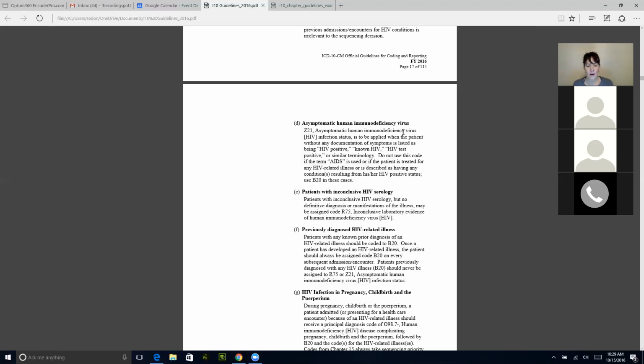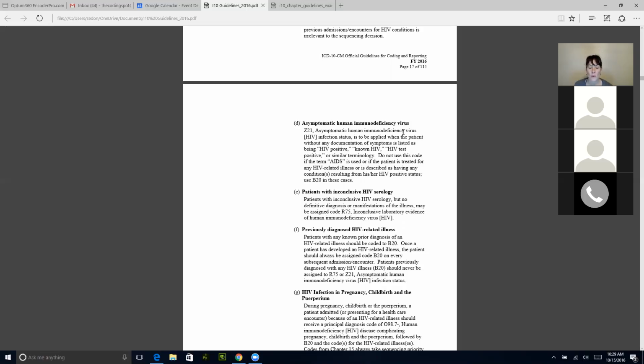So Z21, asymptomatic human immunodeficiency virus infection. It's applied when the patient, without any documentation of symptoms, is listed as being HIV positive, known HIV, HIV test positive, or similar terminology. And we would never use this code if AIDS was documented in the medical record, or if the patient is treated for any HIV-related illness, or is described as having any condition resulting from his or her HIV positive status.